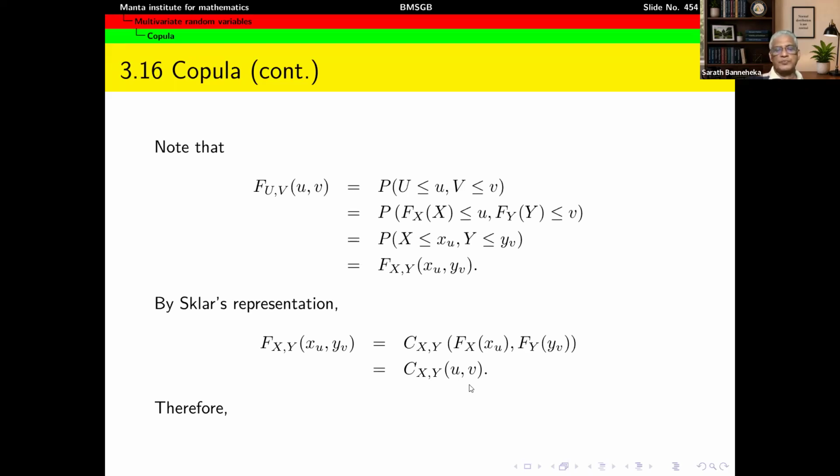So now we have two expressions. F_XY(x_u, y_v) is equal to this expression, and also F_XY(x_u, y_v) is equal to this expression.